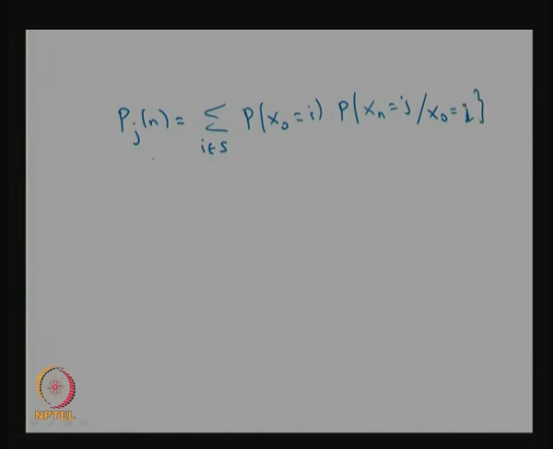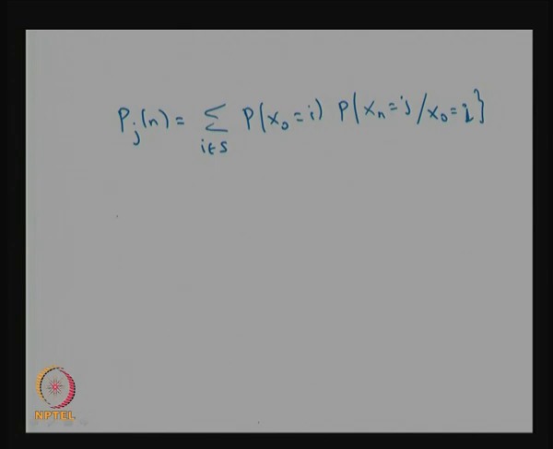This is the probability that the system will be in the state j in the nth step. That is the same as all the possible ways the system could have moved from the state i at the 0th step to the state j in the nth step. So, this is the product of one marginal distribution and one conditional distribution, summed over all possible values of i, and that gives the distribution of X_n in the nth step.